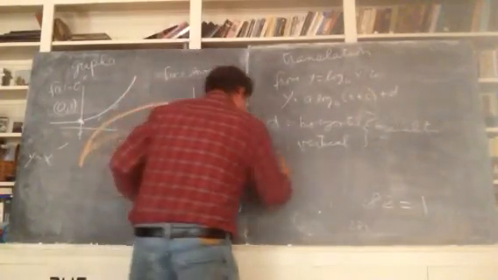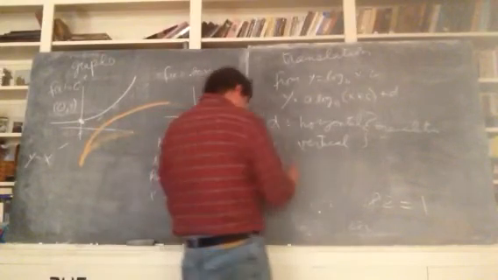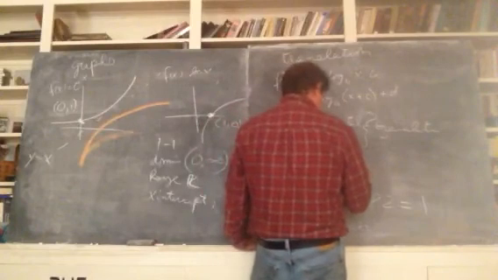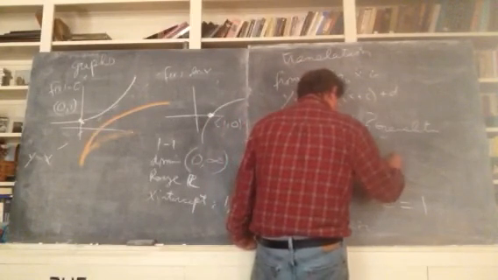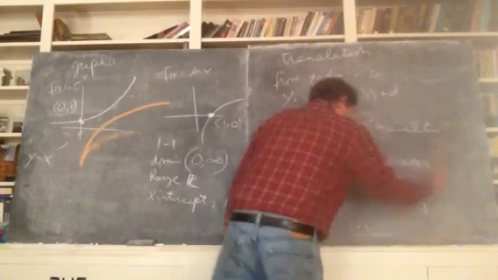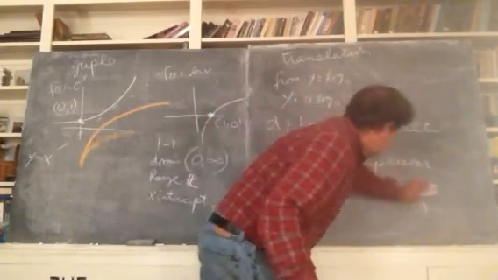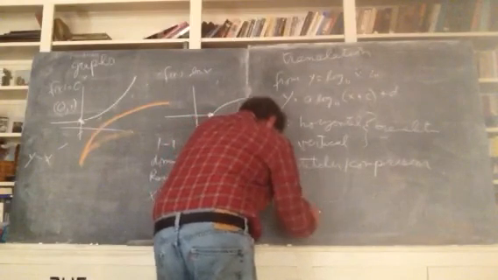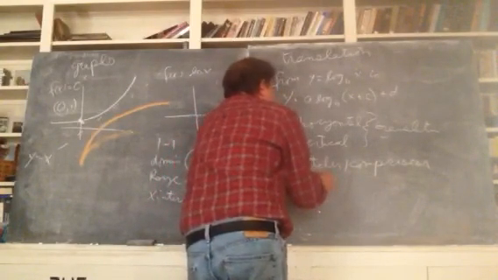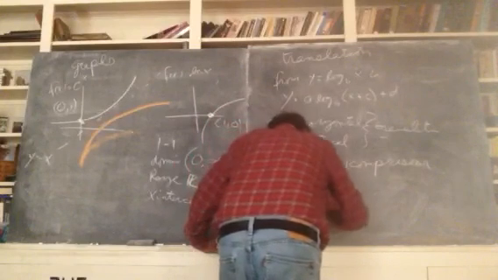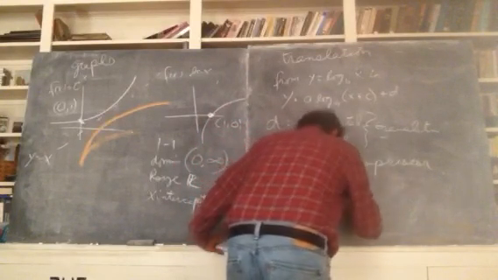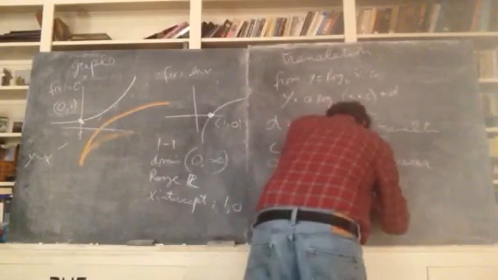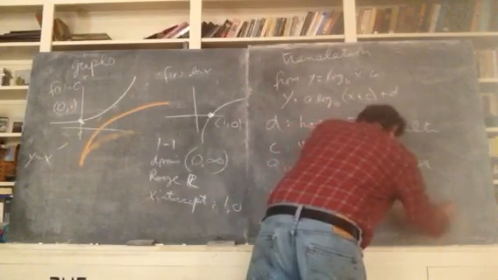A is the stretcher or compressor, just like in exponential functions, like we talked about last time. And if you put a negative here, y equals the opposite of log base b of x, it reflects about the x-axis. It's a reflection. Okay.